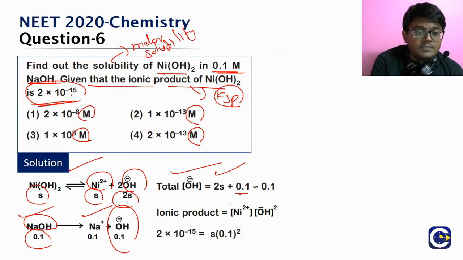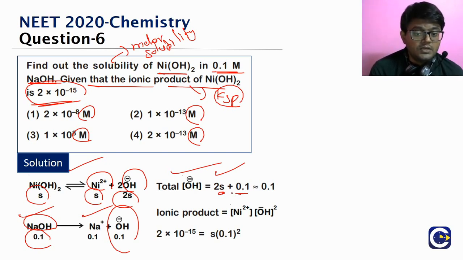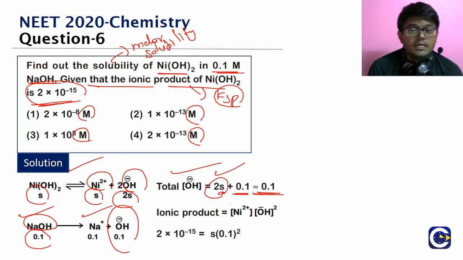Whether this assumption is correct or not, we can verify. After making the assumption, we calculate the solubility value, and once we get the final value, we can cross-check whether the assumption is appropriate. Since 2S is small in comparison to 0.1, we can neglect it.